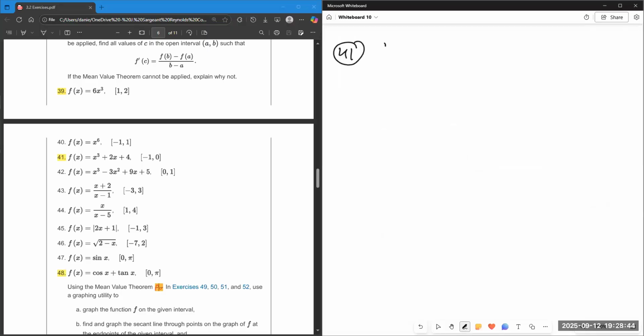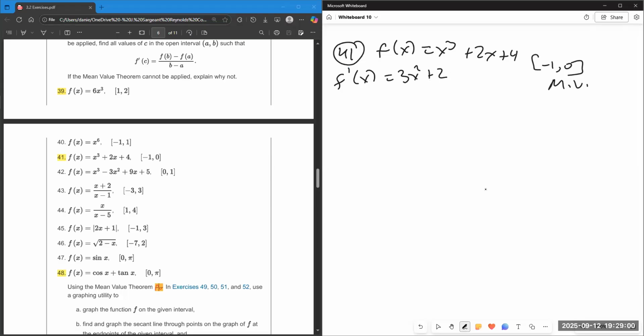Let's look at number 41. 41 says f of x is equal to x cubed plus 2x plus 4 on the interval -1 to 0. So f prime of x is 3x squared plus 2.